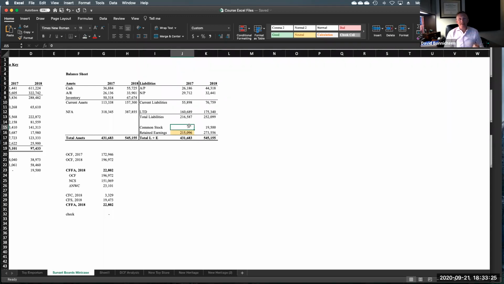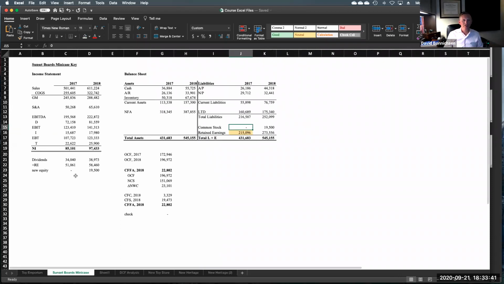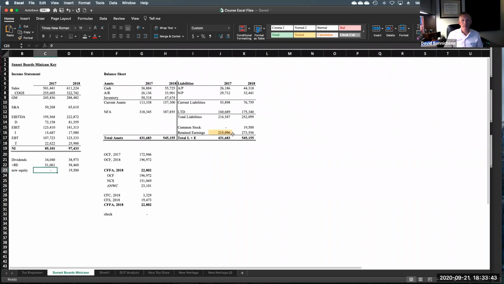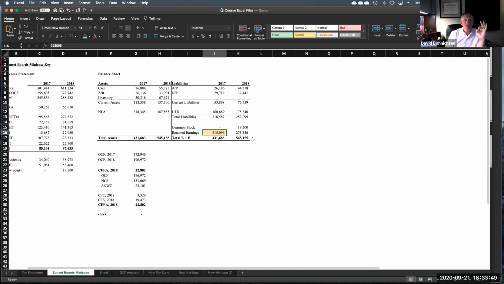And since we didn't get any information related to equity in totality for 2017, and the only piece of information that we were given as it relates to new equity in 2017 was that there was none, we essentially had to use retained earnings in 2017 as the plug.